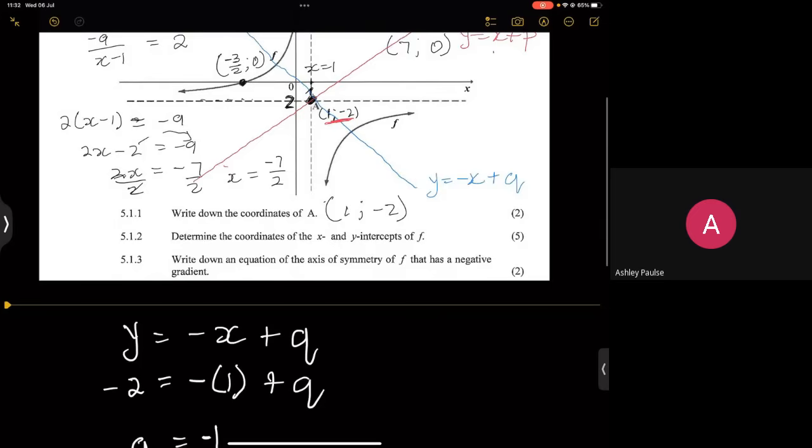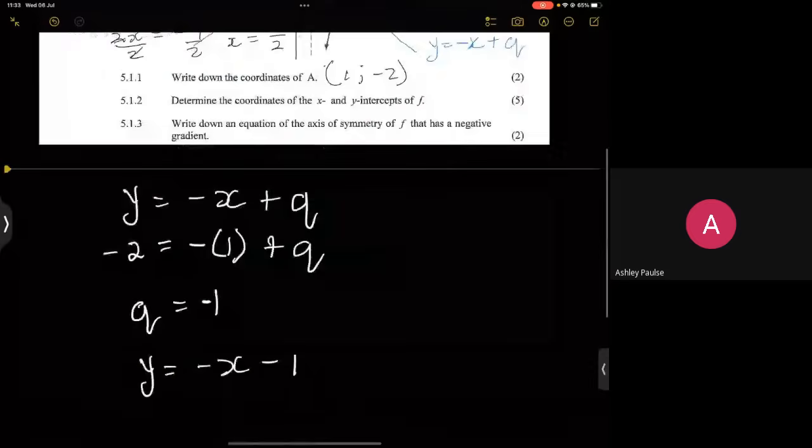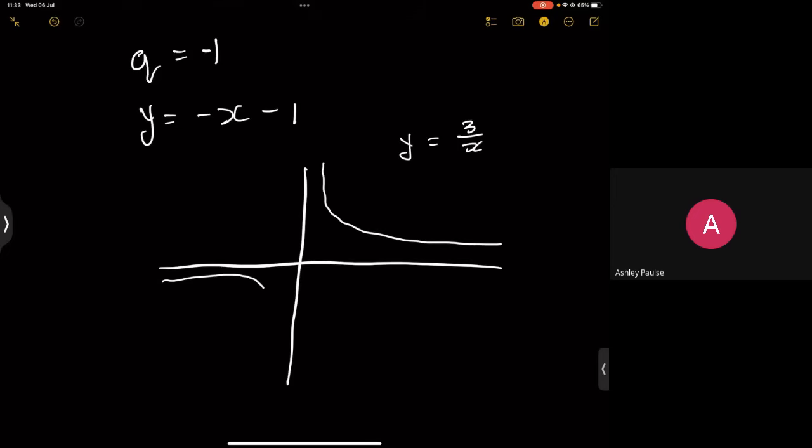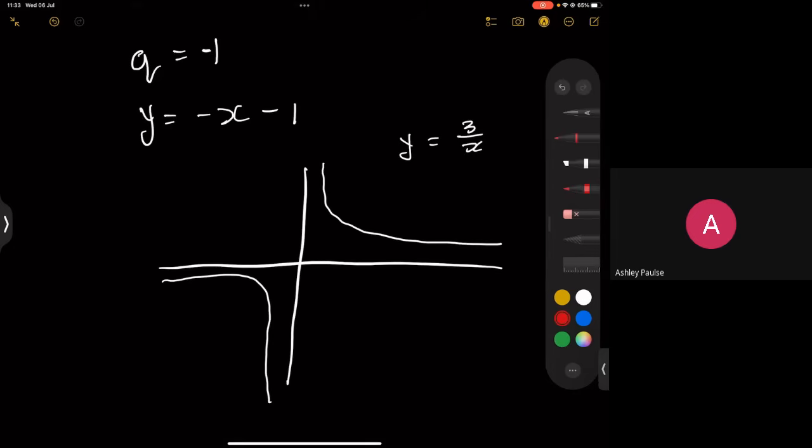All right, so just remember that about the hyperbola, every single time. So let's say you're given a hyperbola y equals 3 over x, right? So the a value is positive. So it means it would exist in the first quadrant as well as in the third quadrant. Now, what would be the axes of symmetry for that hyperbola? One axis of symmetry would be y is equal to minus x, and the other axis of symmetry would be y is equal to x.